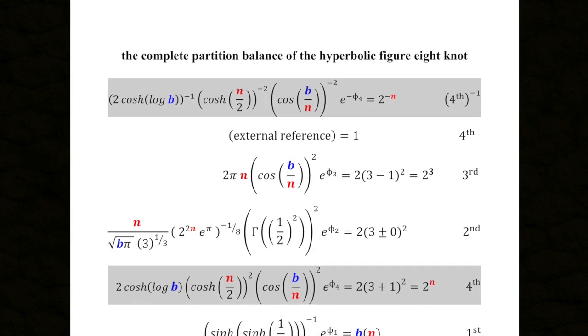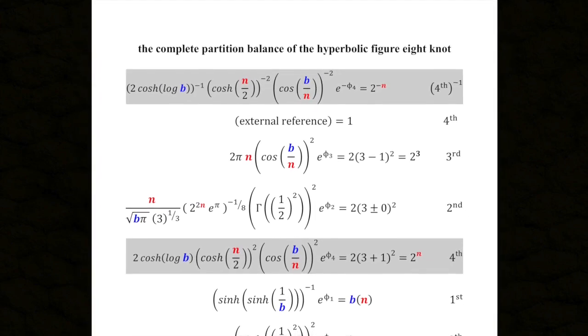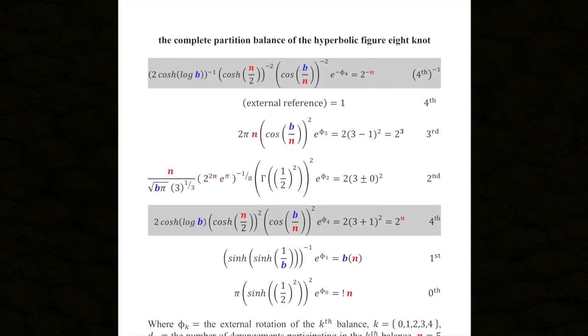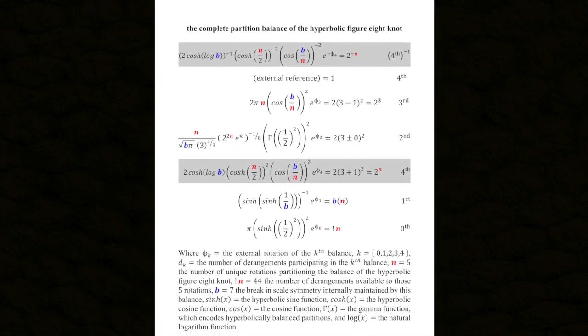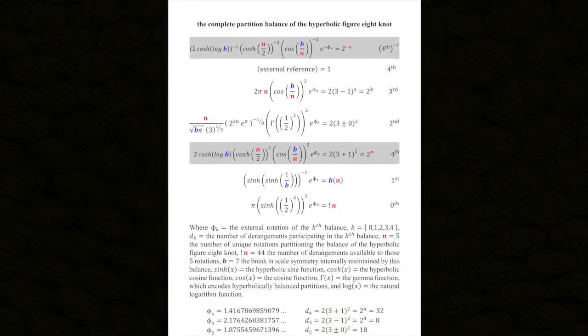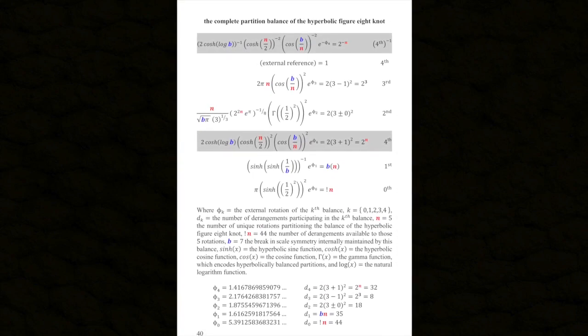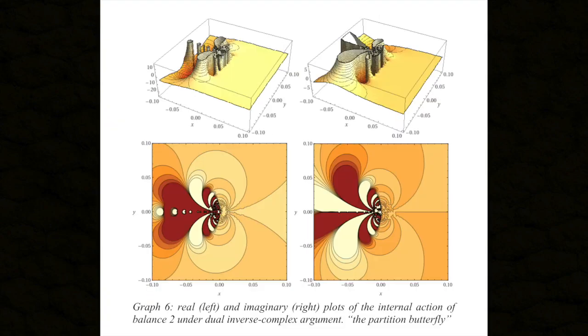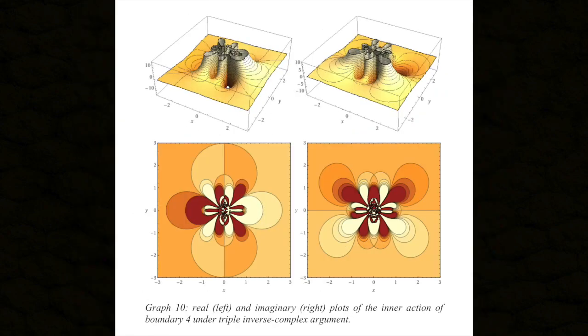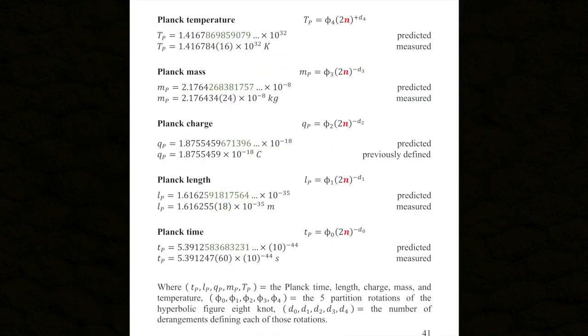So far, we have discovered that the simplest constructible theory of balanced derangements, based on the minimal geometry of the hyperbolic figure-8 knot, defines an arena projected under 5 perpetual actions: time, space, charge, mass, and temperature, with Planck constant boundaries.